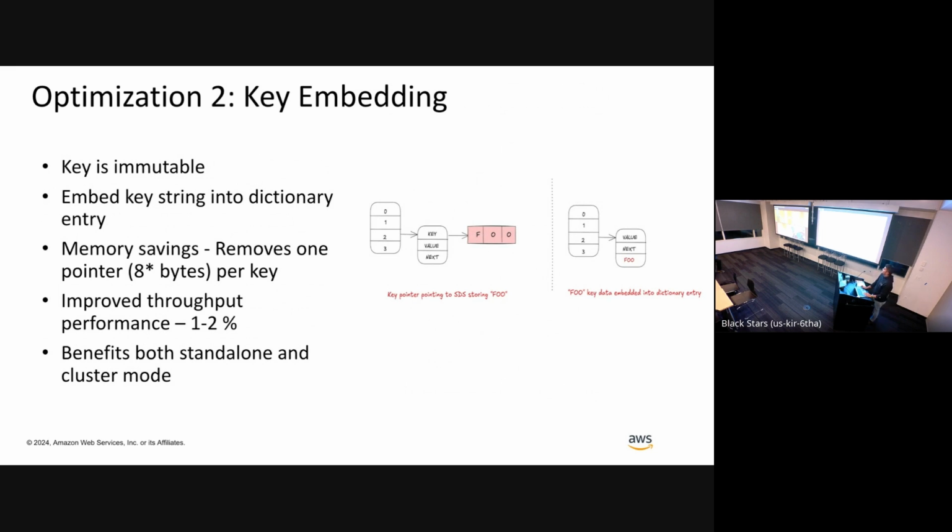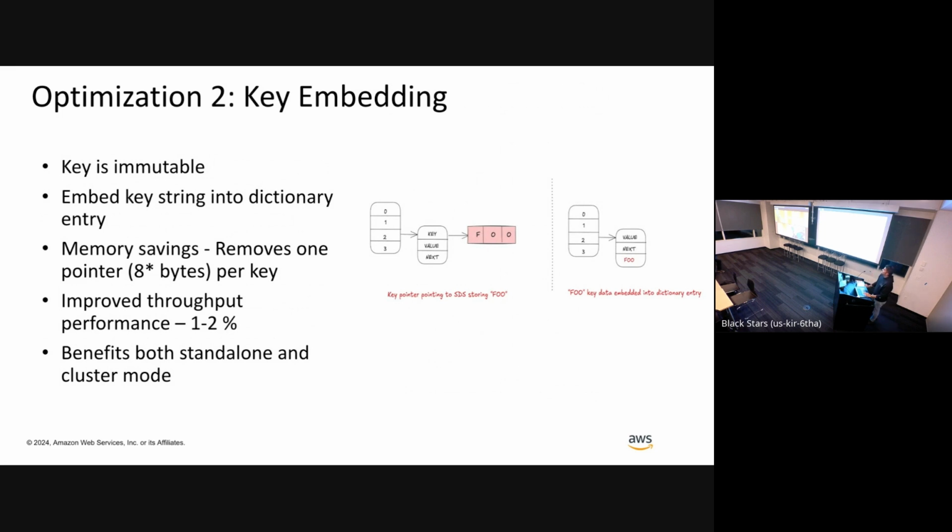So what we decided is, the key being generally smaller in size and having the same life cycle as the dict entry, we could embed it within the dict entry itself. In the next diagram, as you see, value and next still remain as pointers, but foo is embedded inside the dict entry. What this enables is to get rid of an additional pointer, that is 8 bytes.